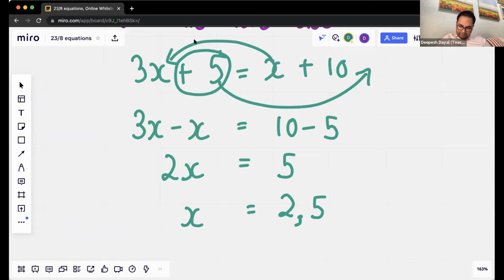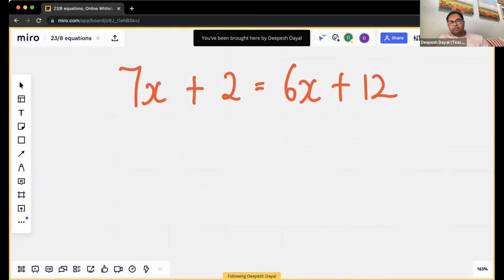Let's try this one. And you can just type out the answer, or you can just shout out the answer by unmuting and let me know what the value of x is.